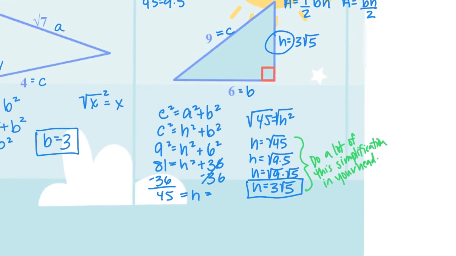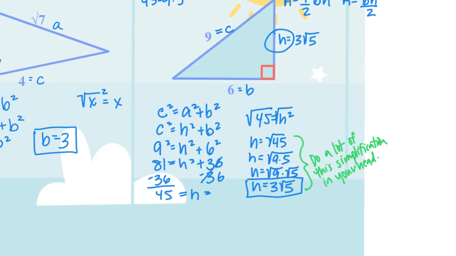So what we need to do now is use the height to find the area. So I need to use my area of a triangle formula. Area equals 1/2 base times height. Area equals 1/2 times 6 times 3 square roots of 5.